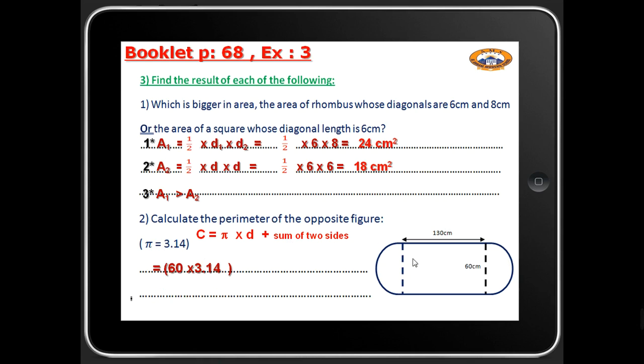Don't add 60 and 60 because they are inside the shape. I want only the sum of the outline shape. So excellent. I'm going to add 130 plus 130, so the total is going to be 60 times 3.14 equals 188.4 plus the sum of the 2 sides. Then the total answer is going to be 448.4 centimeter.